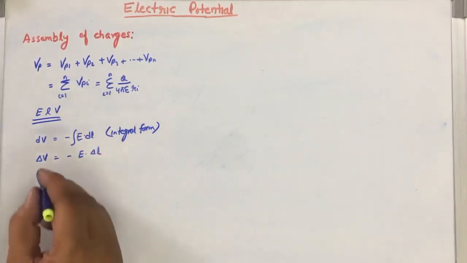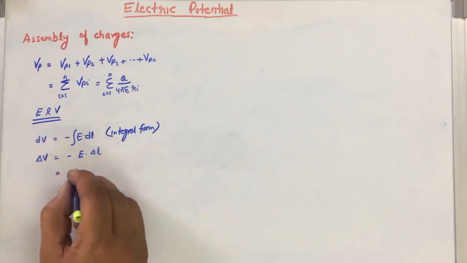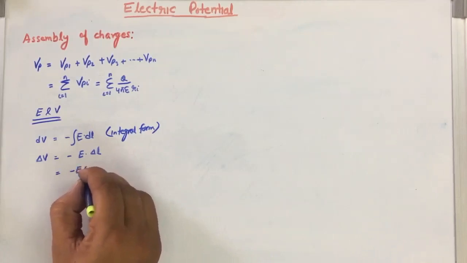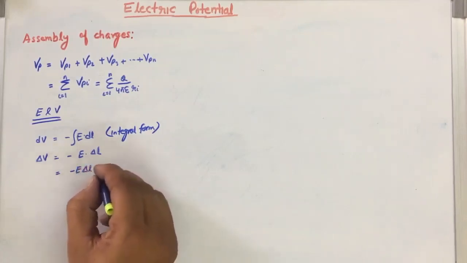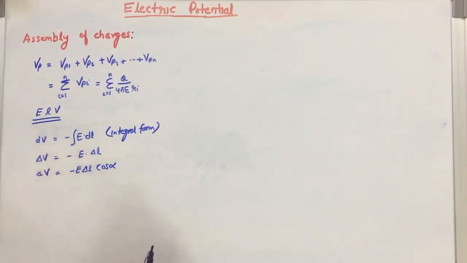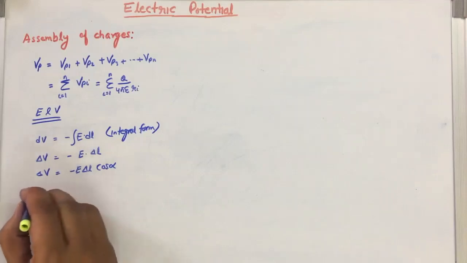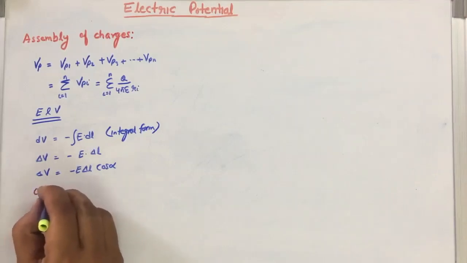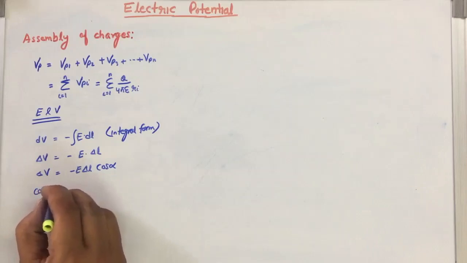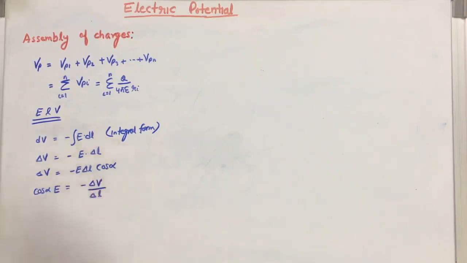So it can be written as minus E change in length cos alpha, and from here cos alpha times E will be equal to minus change in potential with respect to change in length.